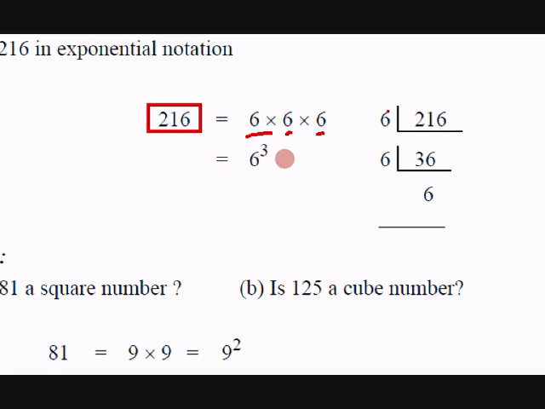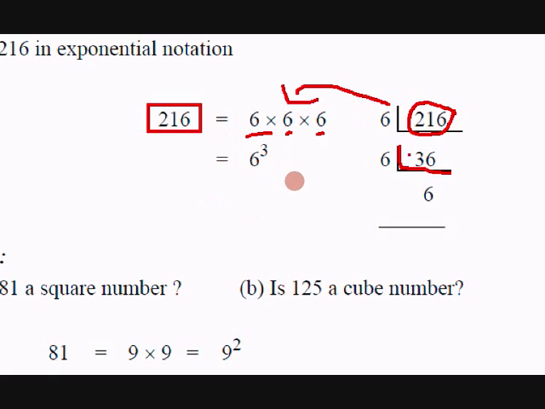We can do it this way also. Put 216 divided by 6. Remember the factorization method. Then take one more time divided by 6. You get 6 into 6 into 6. So you see how 216 can be factored or broken up into 6 into 6 into 6.